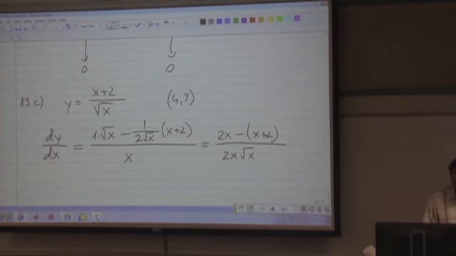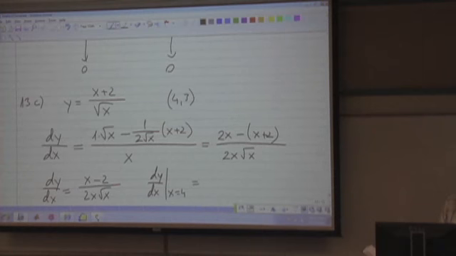Okay? And so this just becomes dy over dx will be just x minus 2, bless you, divided by 2x times the square root of x. dy over dx at x equals 4 will be 2 over 8 times the square root of 4.